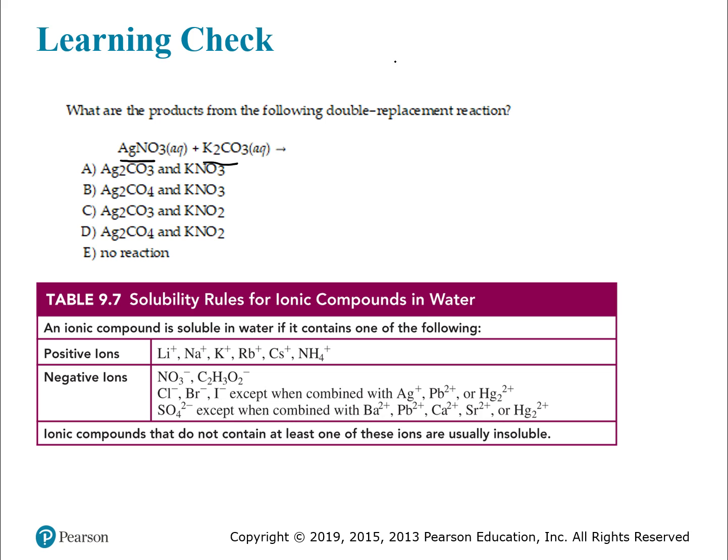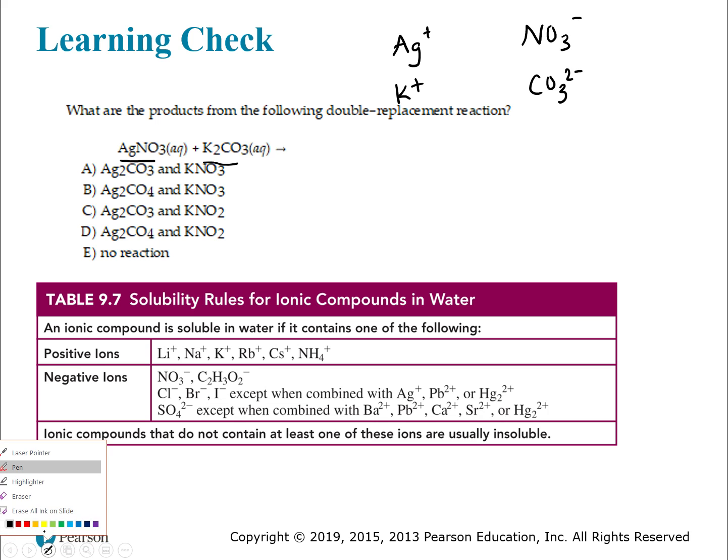And what happens is, if we write out these are the ions that are going to be in solution. Once they're in solution, they have the opportunity to swap partners.